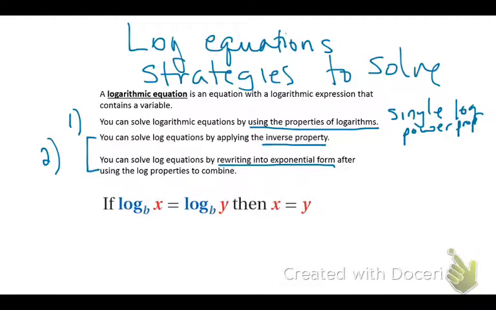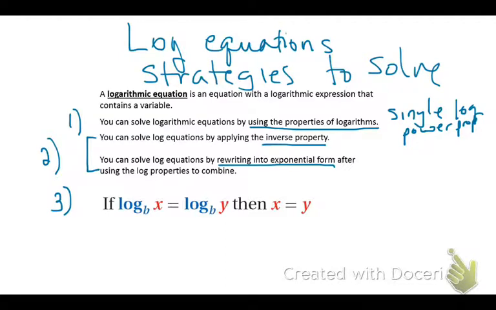And our last one down here, sometimes they will give you an equation where you have the log on each side. Log base b of x equal to log base b of y. Think back to our strategy with our exponential equations. When we had the same base on each side, what happened to those bases? They canceled out.